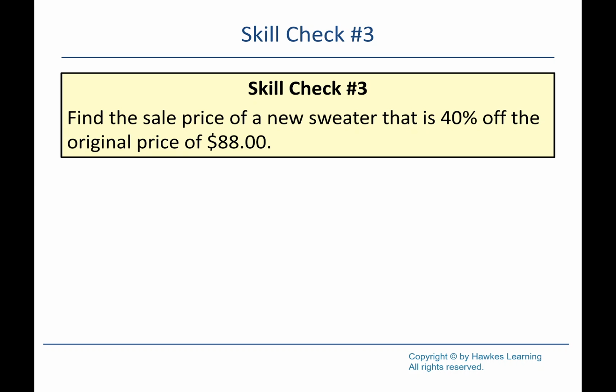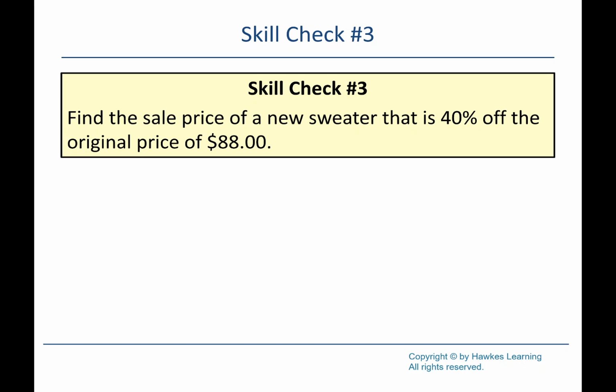So then 10% of 90 would be 9. Move the decimal place once. I need 40%, so I'd have to do 4 times that. It'd be $36 off. And we could subtract. What would that be? $52?